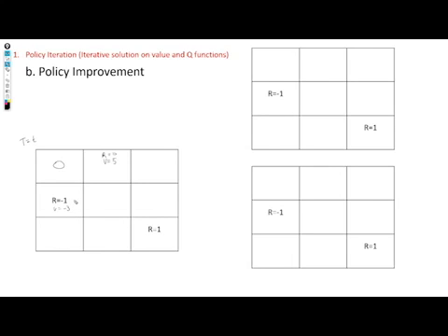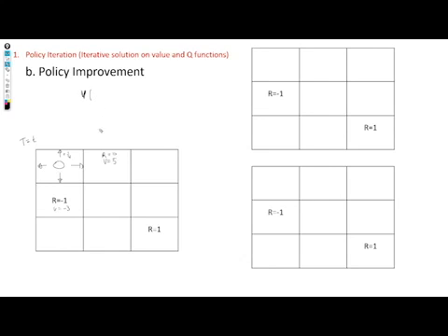Then we said we're going to use the greedy algorithm, and we have 4 possible actions with 1 over 4 probabilities as an initialized value. And then we calculate this value function again.